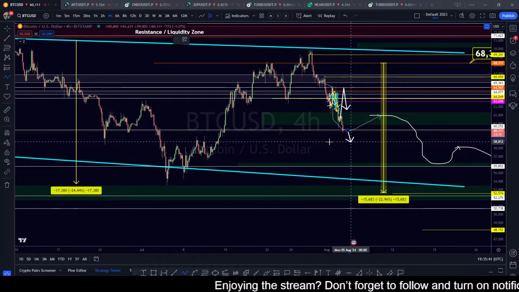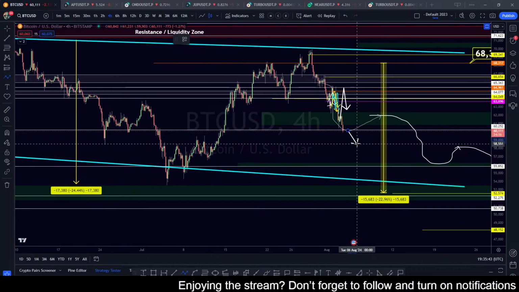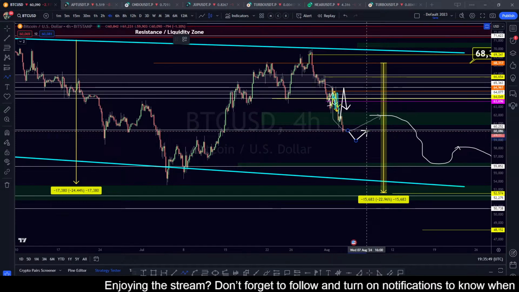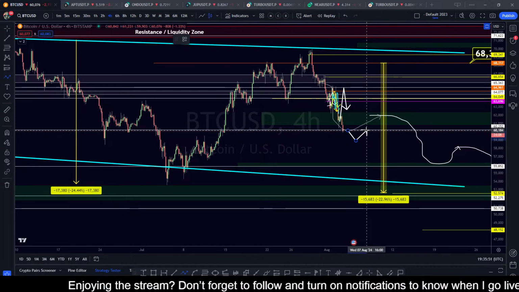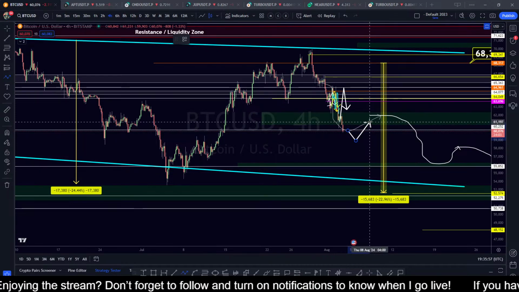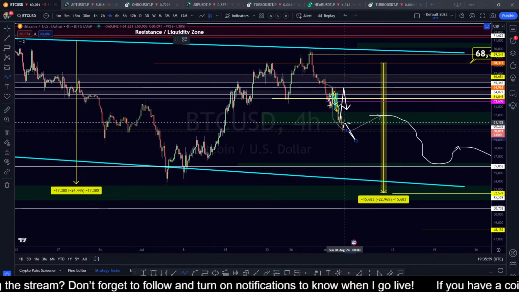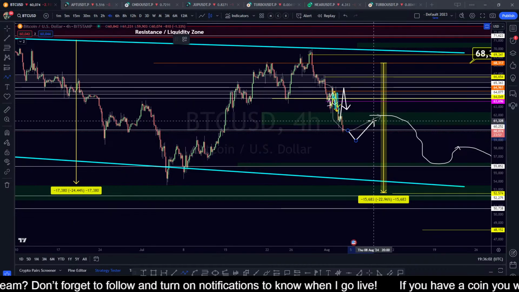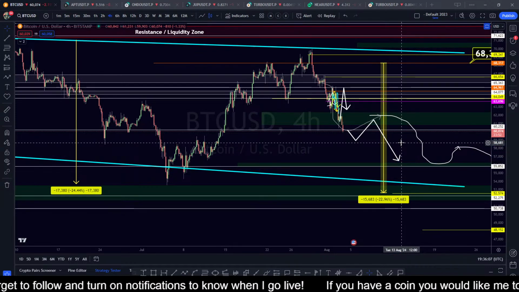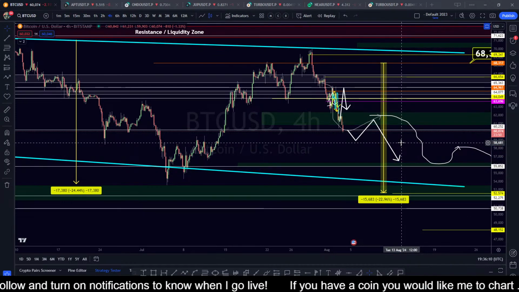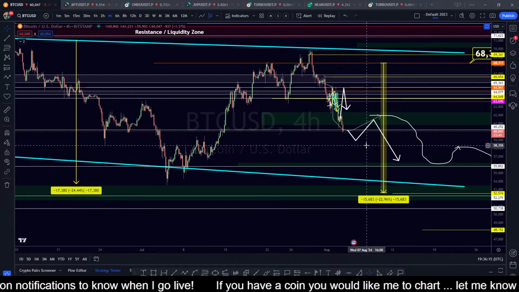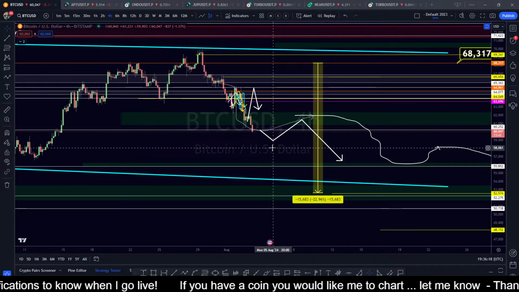If it does continue coming down, it's going to come down possibly to this support level right here, come up, possibly to here, fake everybody out, go into this fair value gap that's barely anything, fake everybody out, and then come back down. That's what I think for today. And of course, the more data we get, the more we can adjust our thought process. But this is what I think.